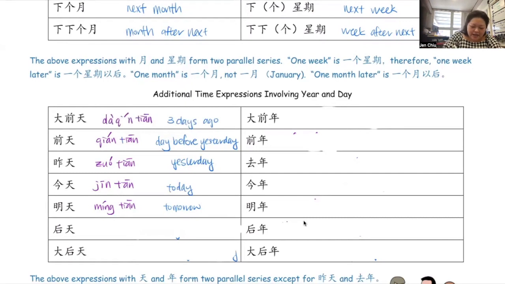So 前天. Again, 明天 is tomorrow, so after tomorrow will be 后天, the day after tomorrow.